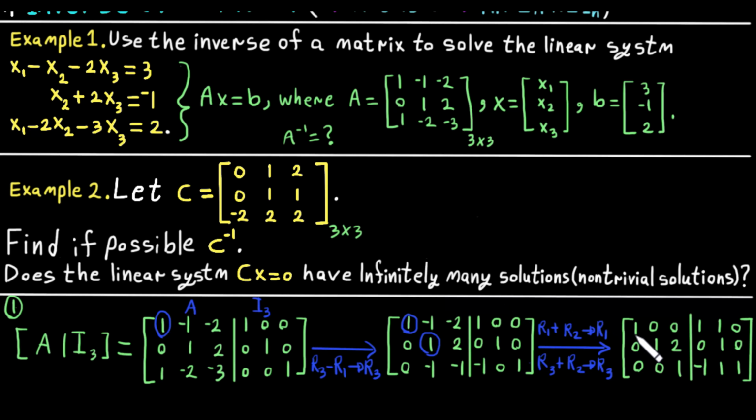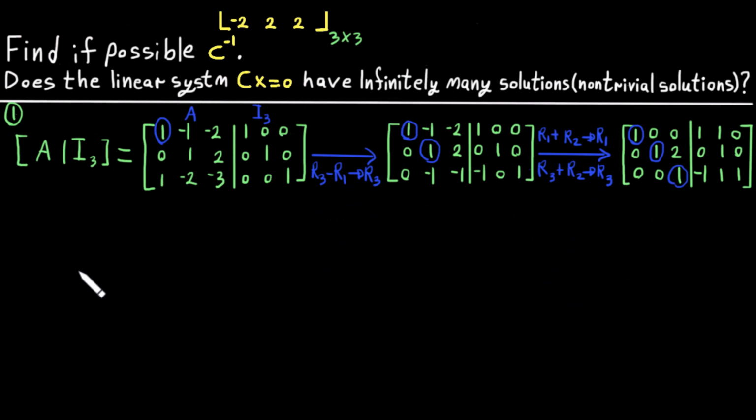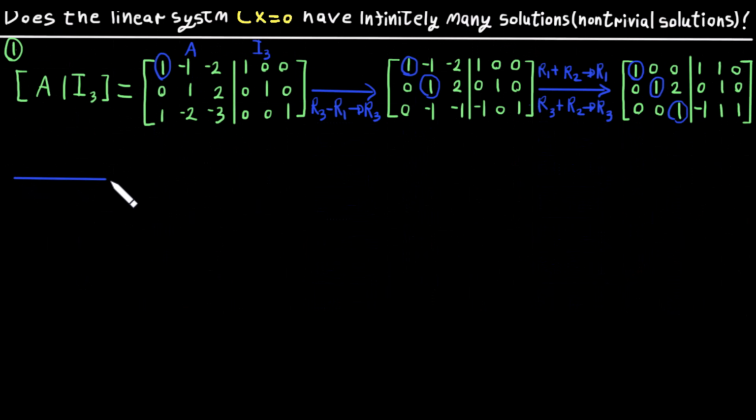So you can see here we have a leading 1, and here we have a leading 1. Just here we have to make this one 0, because we have to make the rest of this column 0. Let's go a little bit down. To make this one 0, we have to say 2 minus 2 equals 0.